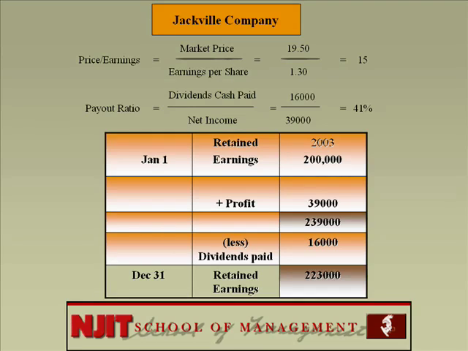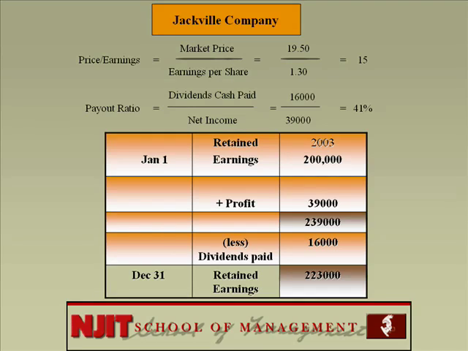Look at the balance sheet. December 31, or the last day, 2004, what was the retained earnings? 223. That means 16,000 of dividends had been paid. Another way of doing it is beginning retained earnings 200 plus profit 39 less dividends, which is the plug number. Ending retained earnings is 223. So for you to have an ending of 223, 16,000 must have been paid.